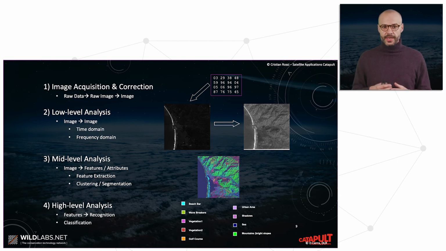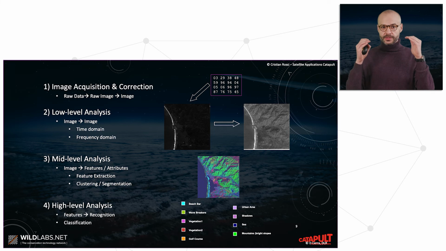So what we are doing is that we extract information and we cluster and segment information, so that we have the image that we see at the right, which is a colorful image, but which doesn't actually have the land cover represented. This is coming at the last part of the analysis, which is the high-level analysis, where we actually classify this sort of information in different classes.